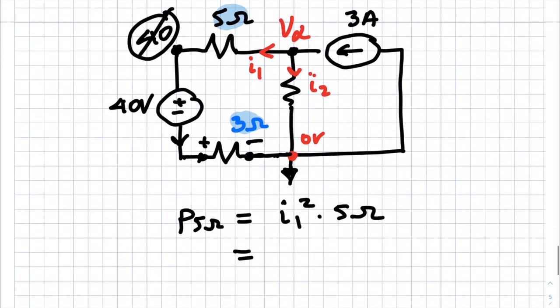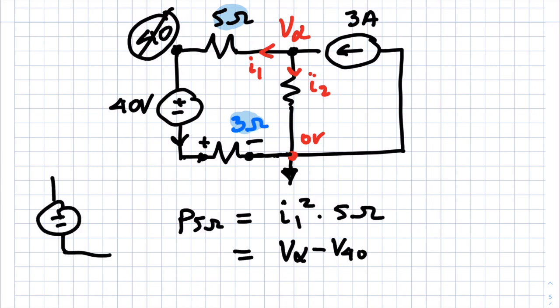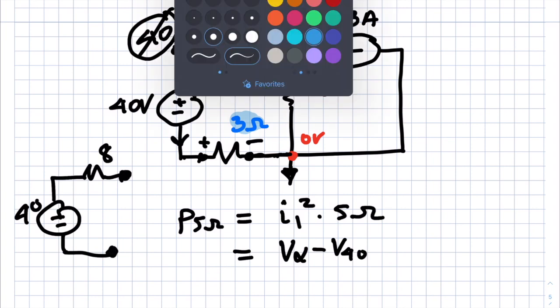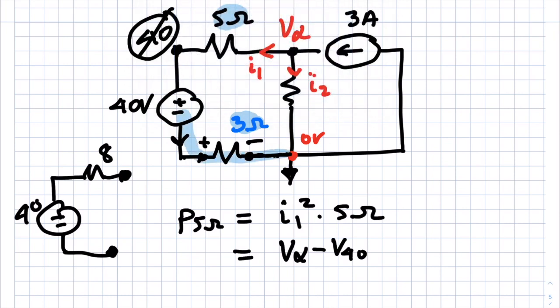All right, and so that would be V alpha minus 40. Remember, the picture I have now is plus minus 40, and then I have 8. So this is an equivalent circuit for this branch right here.